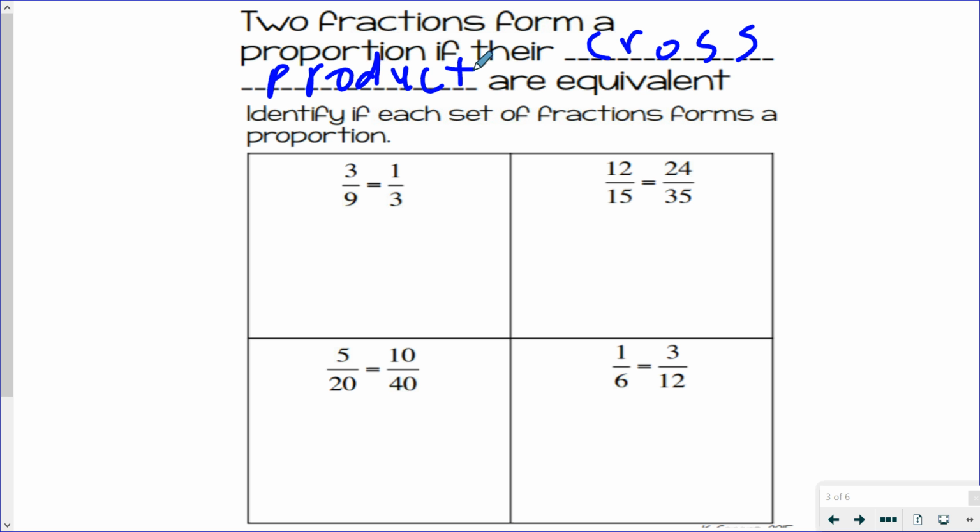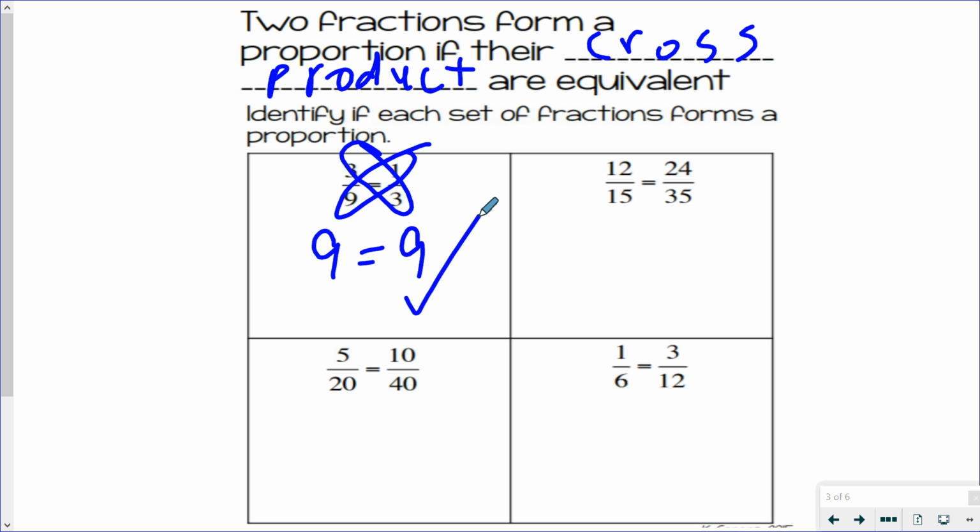So we want to check out their cross products. So we want to ask ourselves, is 3 times 3 the same as 1 times 9? Well, 3 times 3 is 9. 1 times 9 is also 9. And since both products are the same, then those two fractions form what is known as a proportion.